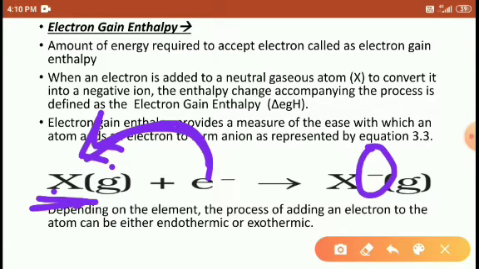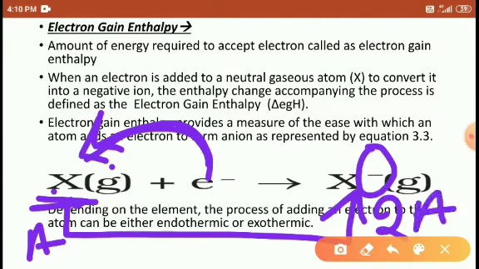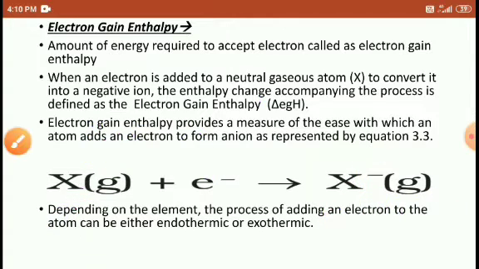During this change from the neutral atom to the negative charge species, the enthalpy changes. Here the enthalpy is A, and here the enthalpy is 2A or less than 2A, right? So the change in enthalpy is called the electron gain enthalpy.